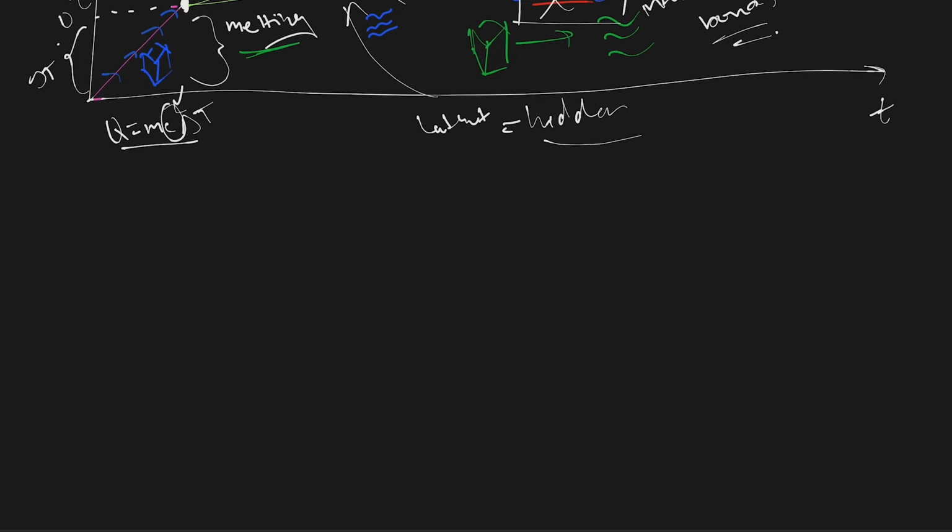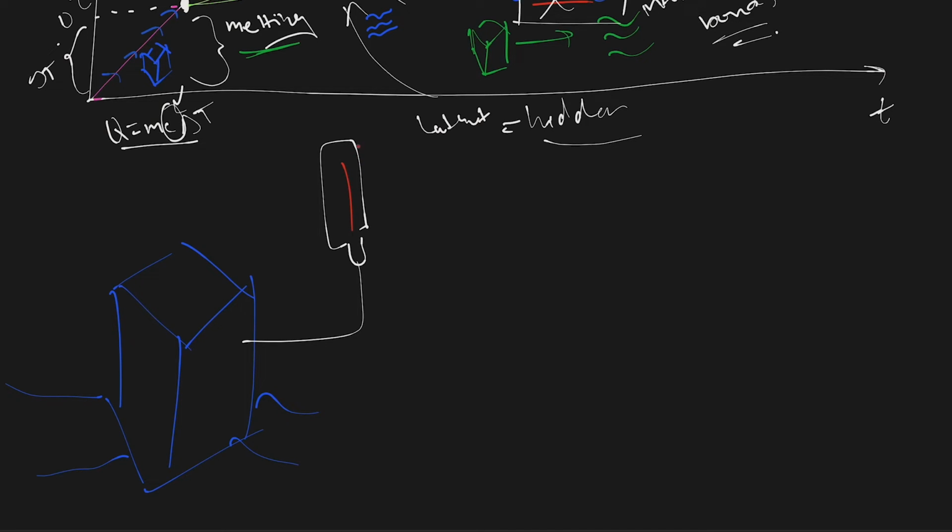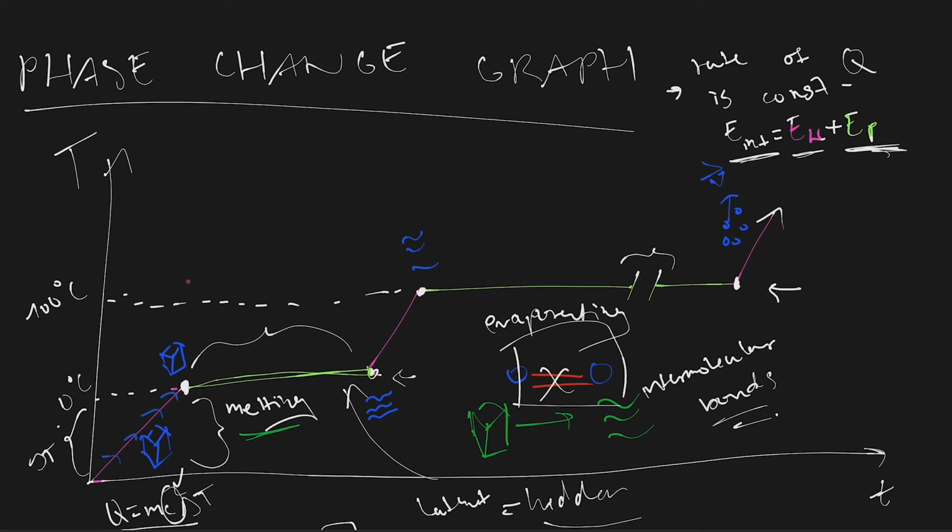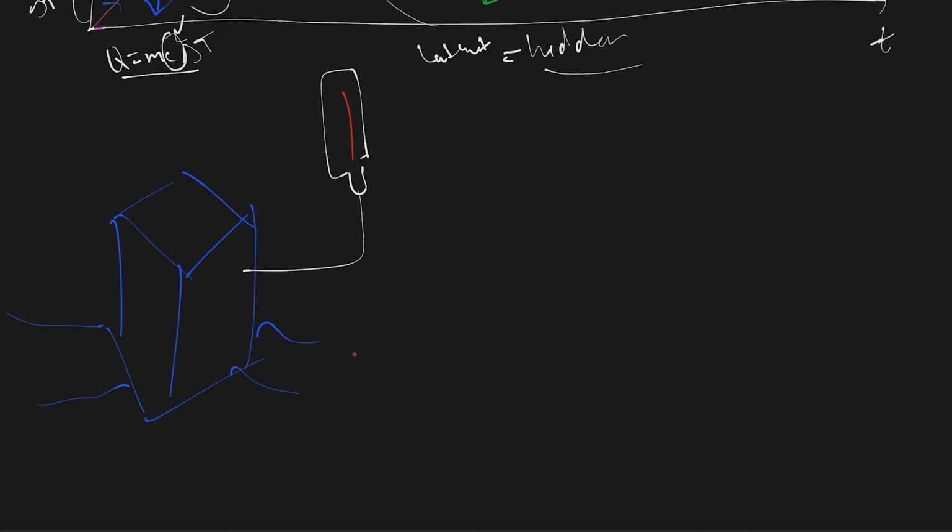So if you had the ice block, and it was going through its melting process, so there was some water actually coming out, and you put a thermometer in there, it would give you a constant reading during this time. During this time, the temperature is constant in these plateaus. So that means that EK is also constant, because temperature is constant.